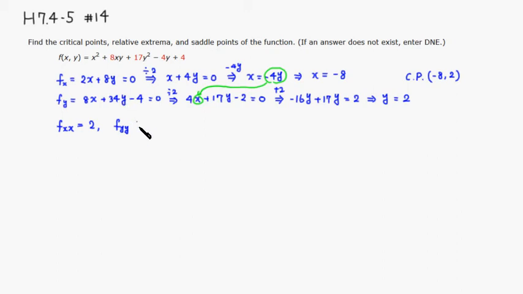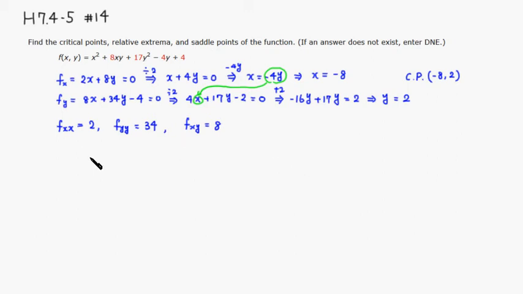The partial of this is 34, and the partial of -4 with respect to y is 0. Then we also need the mixed partial, so yx. We take the partial of this guy with respect to y, so you're going to get 8 in this case.